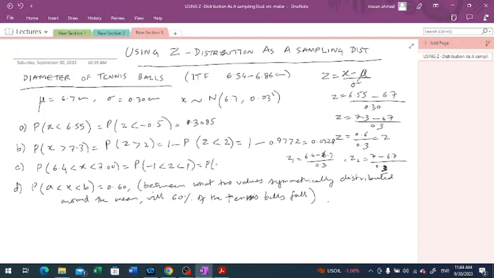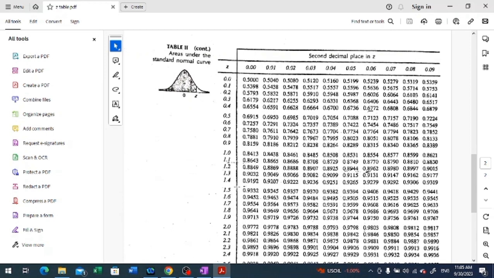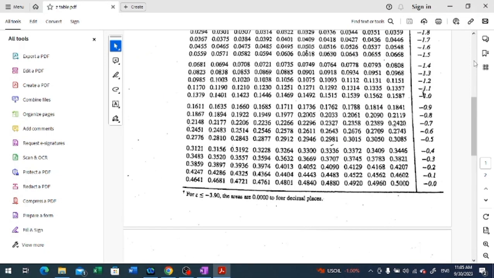So we take the upper bound first, then the lower bound, and then take the difference of the probability associated with these two values of z. The probability across z equals 1, we can check again from the table. This is 0.8413, and across minus 1, this is 0.1587.